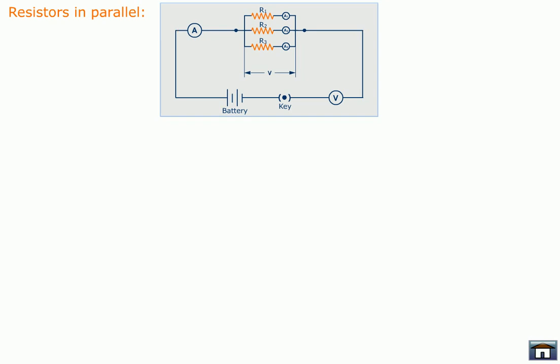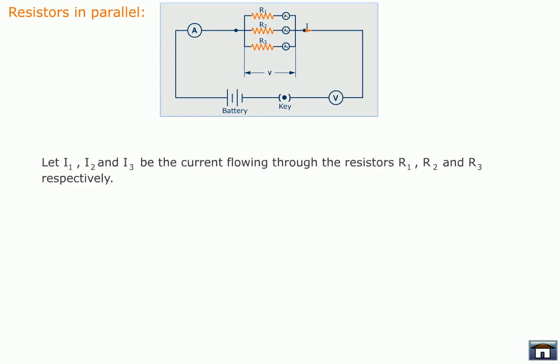But what is going on here? Observe carefully. The current I is passing through all these three resistors. Current I is divided into three parts, I1, I2 and I3. Again it is coming out as I.